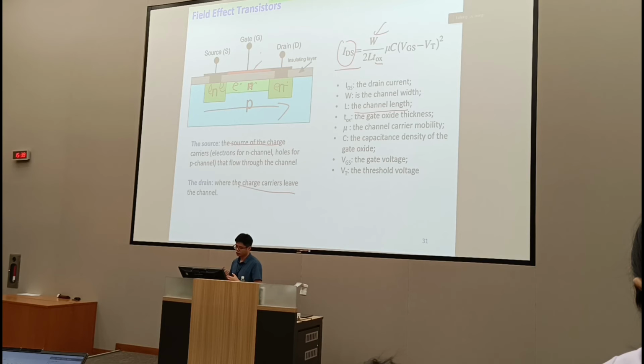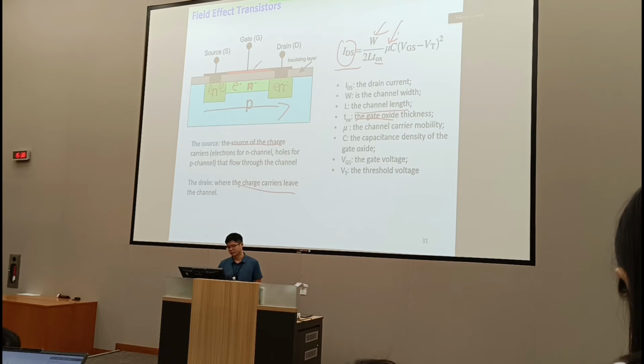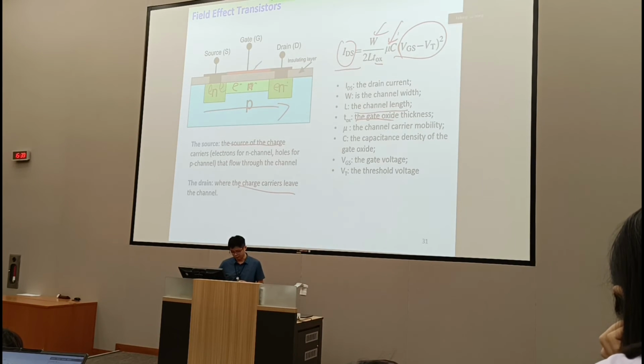That changes the capacitance effect, changing how much carrier you can accumulate in the p-type junction at a certain bias, a certain gate voltage. And this current also depends on the mobility of the carriers moving across this p-type silicon. The capacitance, and also the proportion to the square of the gate voltage applied, define the current flow across these junctions.